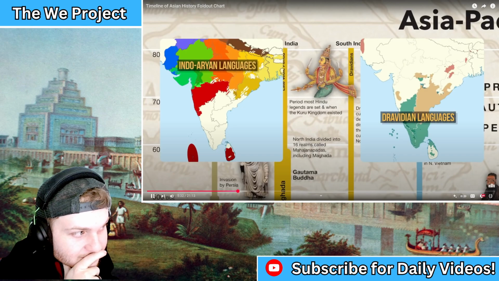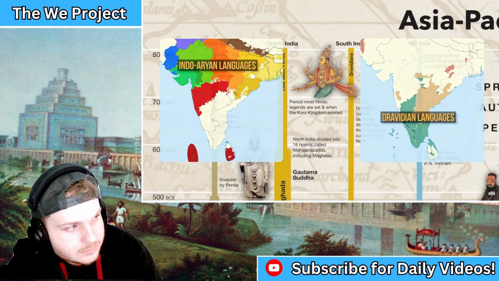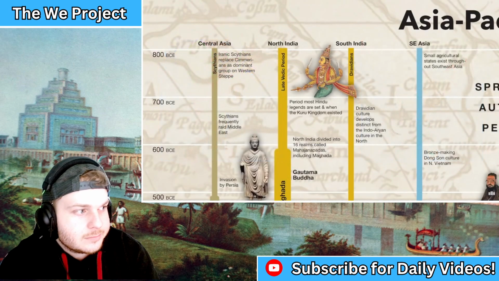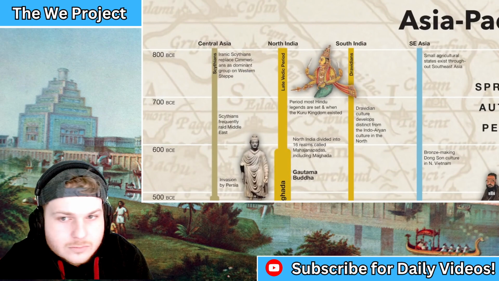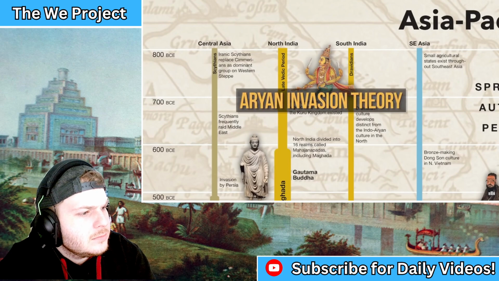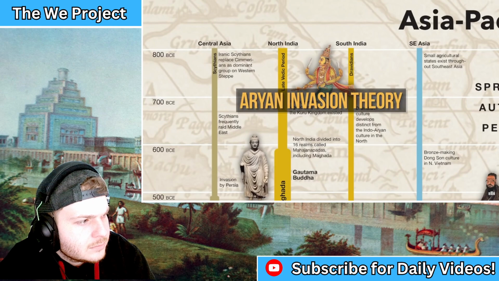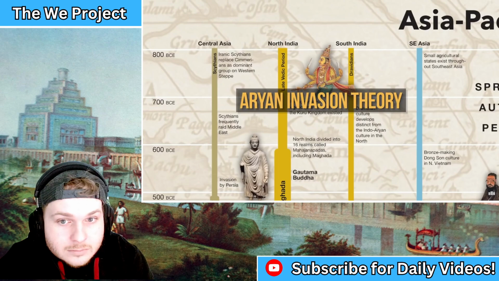This distinction has its roots in the period just prior to 800 BCE, which is known as the Vedic period. And this is where things get controversial. During the 19th century, a theory developed called the Aryan invasion theory, which posited that Vedic culture was the result of fair-skinned invaders called Aryans conquering indigenous Indians and introducing quote-unquote advanced culture.